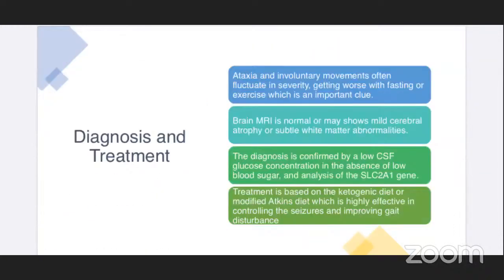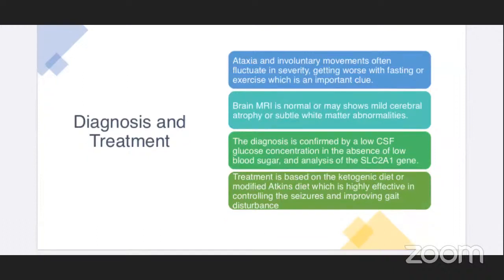Okay, diagnosis and treatment for such a case. We said that ataxia and involuntary movement often fluctuate in severity, getting worse with fasting or with exercise. Brain MRI would sometimes be normal or may show mild cerebral atrophy and subtle white matter abnormalities.